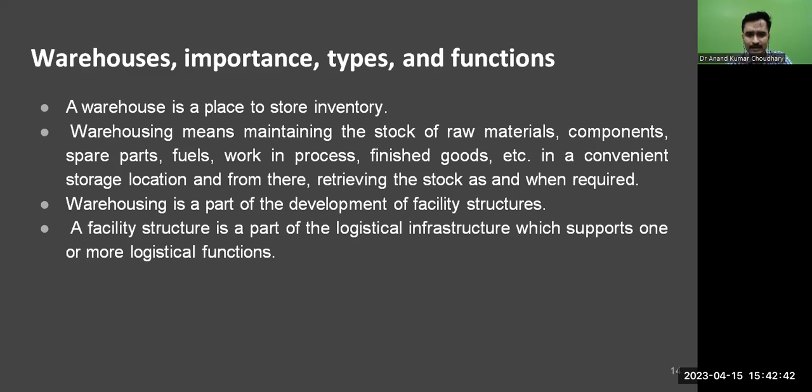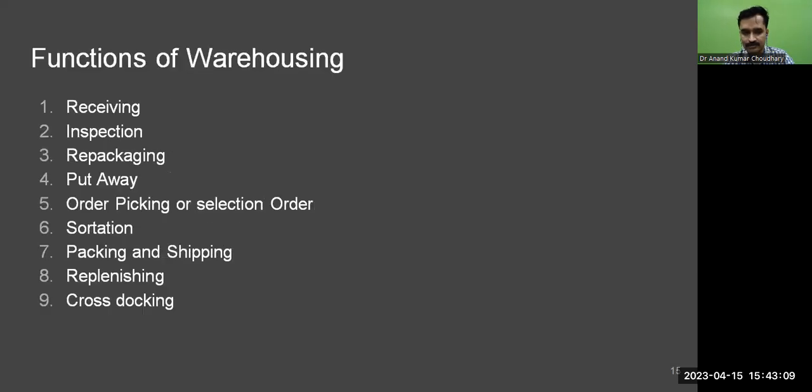So warehousing means maintaining the stock of raw materials, components, spare parts, fuels, work in progress, finished goods, and more in a convenient storage location. Convenient storage location basically refers to accessibility and reachability. A warehouse is a part of the development of facility structure. A facility structure is a part of the logistical infrastructure which supports one or more logistical functions.